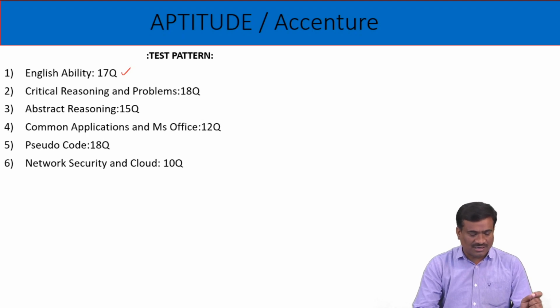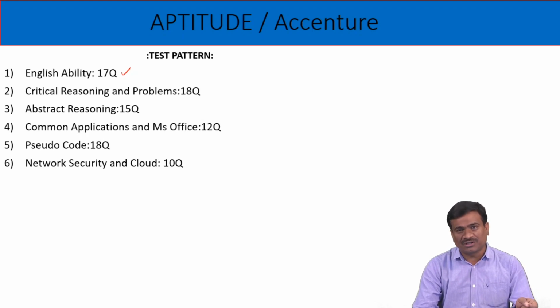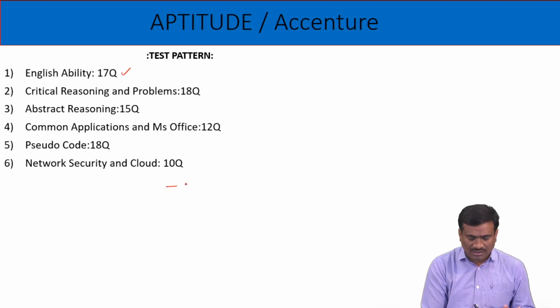Second, critical reasoning part. Third, abstract reasoning. Fourth, computer applications and MS Office applications. Next, fifth one, pseudocode. And sixth one, network security and cloud. A total of 90 questions, time duration 90 minutes.